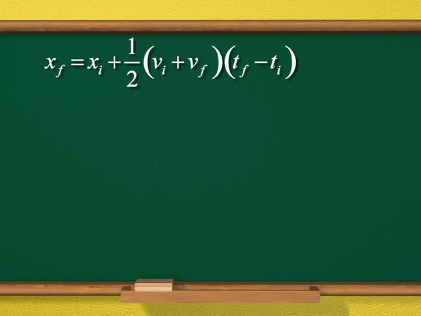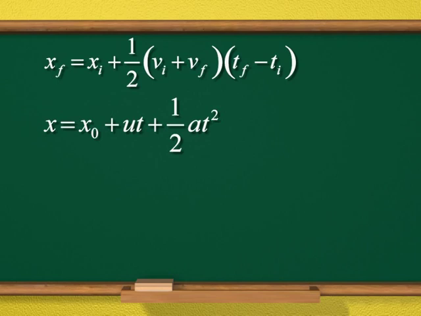Here again, using the same identification for initial and final time, positions and velocities, and substituting the value of v from the velocity time relation, this relation for position becomes x equal to x0 plus ut plus half at square. This is the relation for position as a function of time, hence it is known as position time relation.